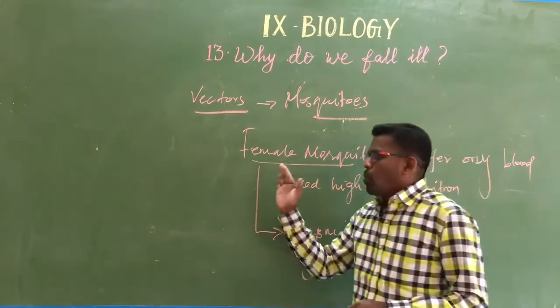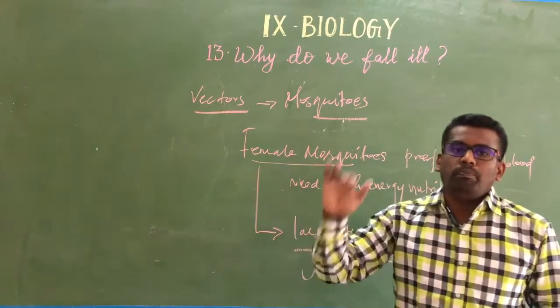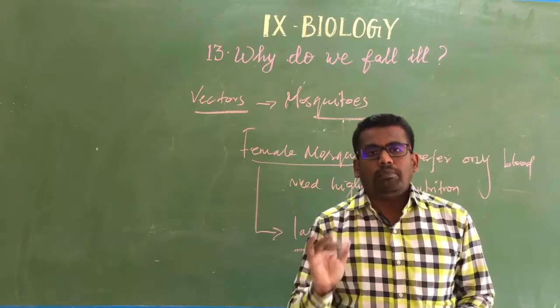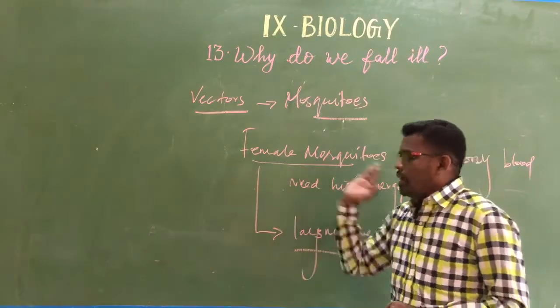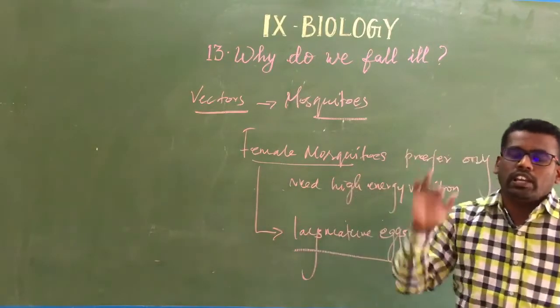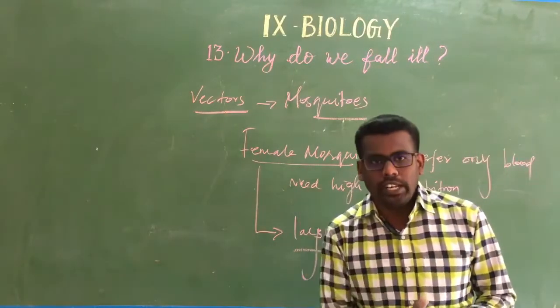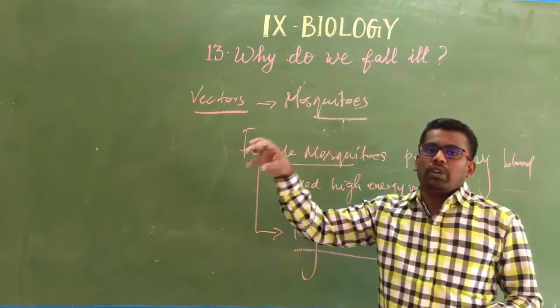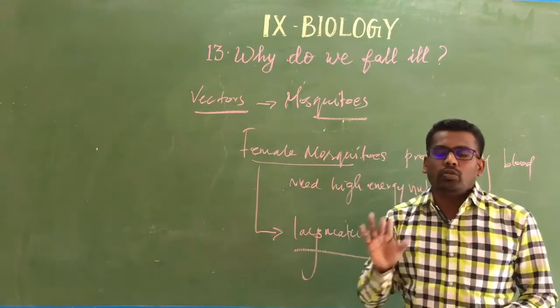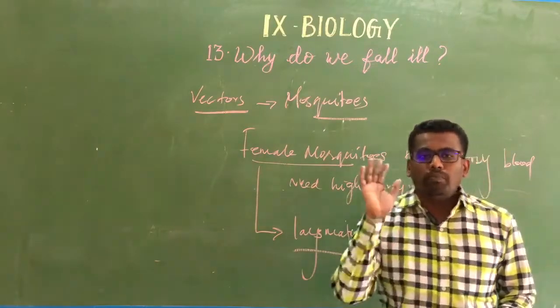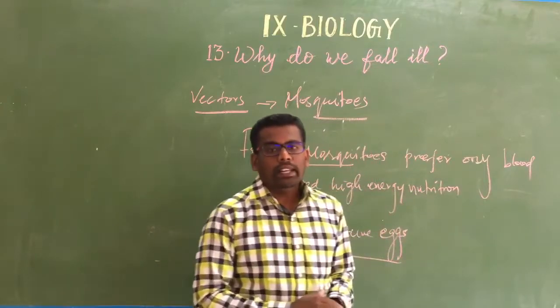The question will come: why do only female mosquitoes prefer blood, not male? Because the female mosquitoes need more energy to lay mature eggs. More energy is present in the blood, so the female mosquito prefers human blood.